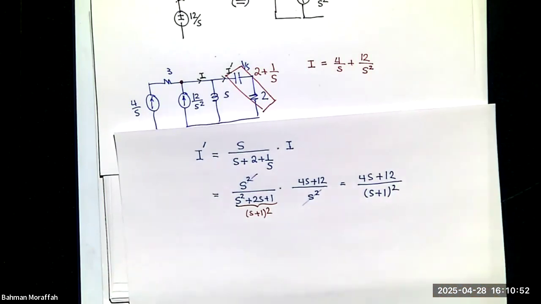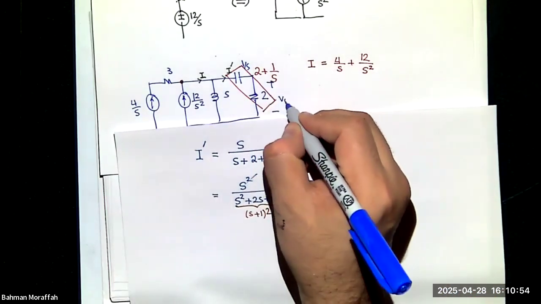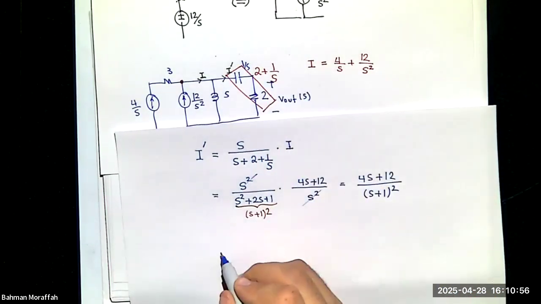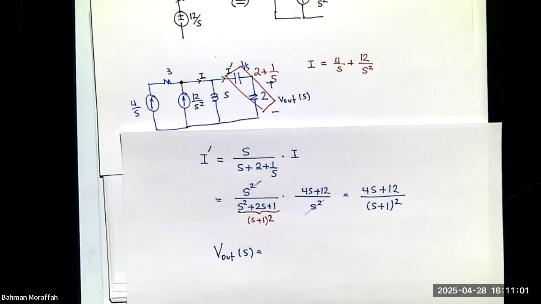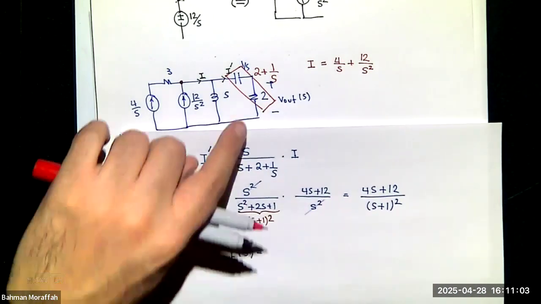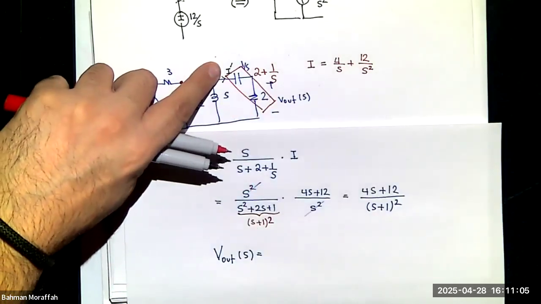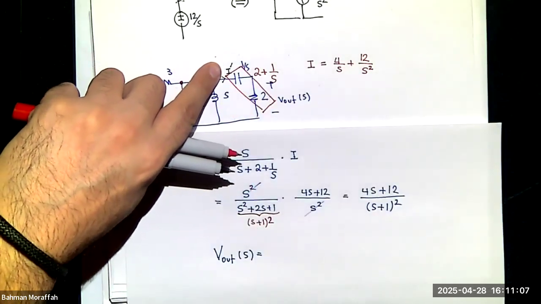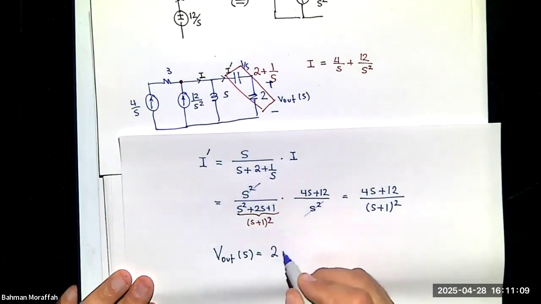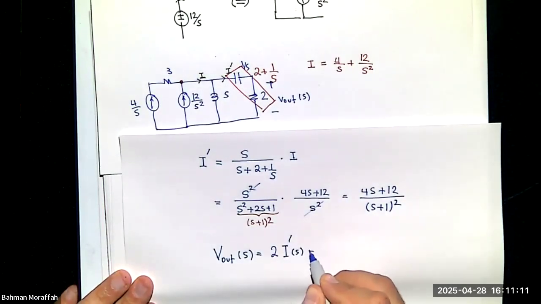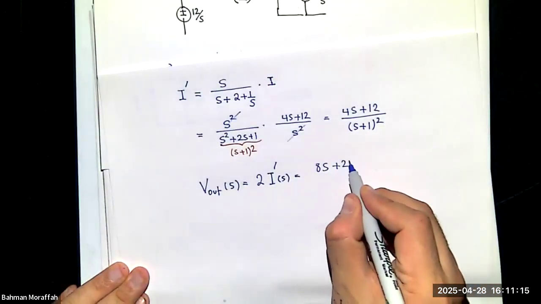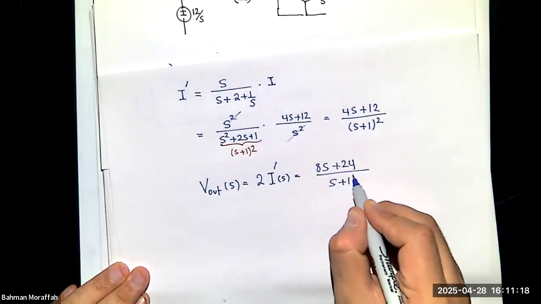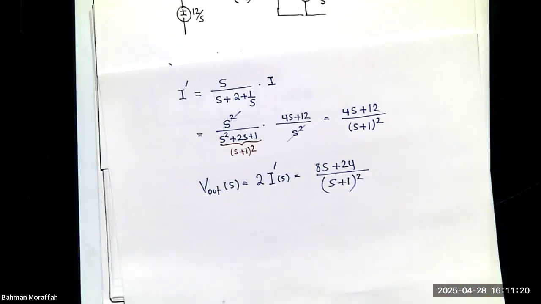But that's not what I want. What I want is this V out. What is V out? It is this 2 times I prime. Right? So it's 2 times I prime, which is 2 times of this, which is 8S plus 24 divided by S plus 1 squared.